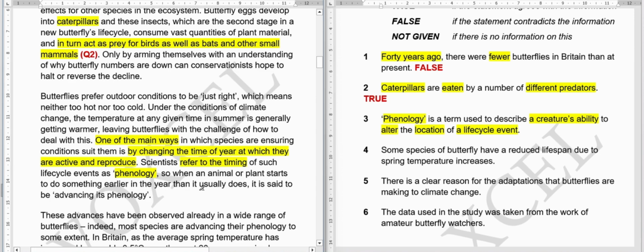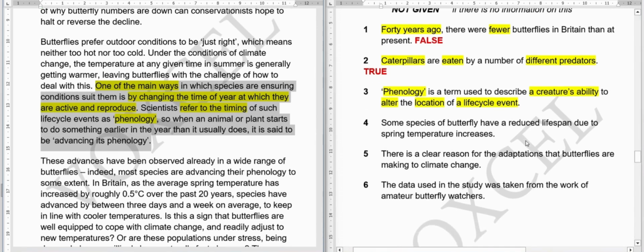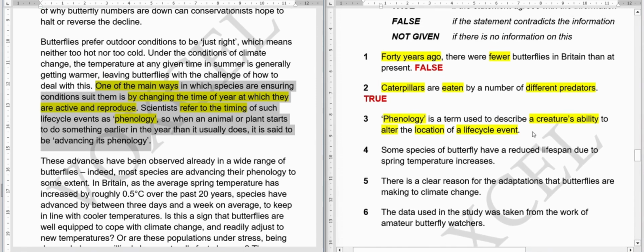So this is our location. I will not tell you the exact words right now. So you have 10 seconds to tell me what the answer should be: true, false, or not given, and then I will tell you the exact answer. Your time starts now.